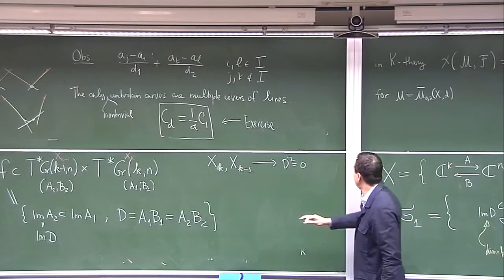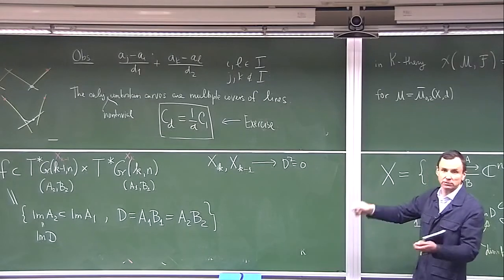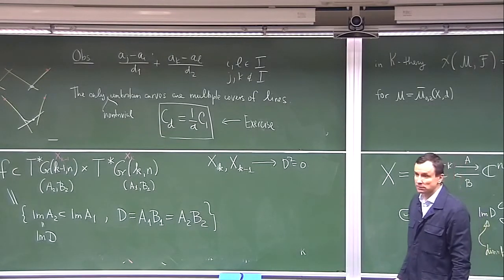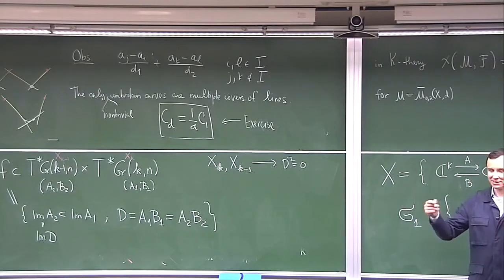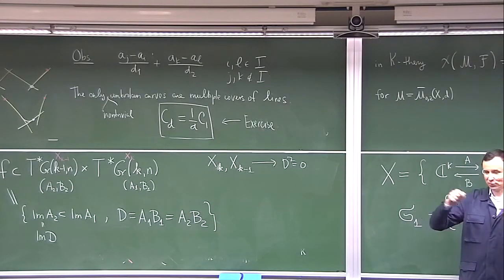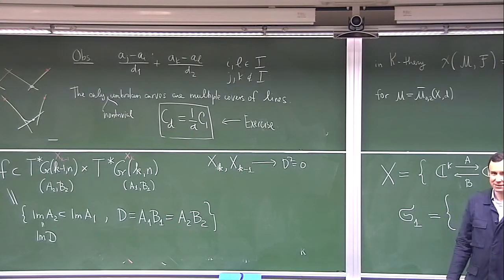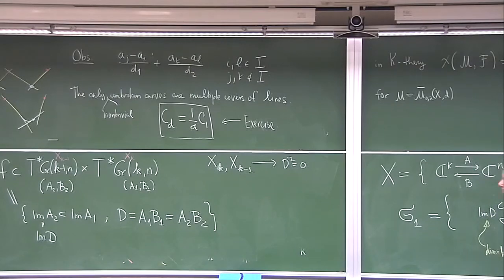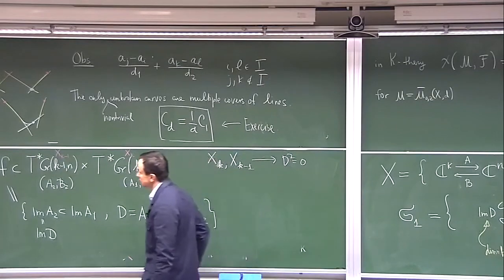And then to find out this whole correspondence, you just take this correspondence and compose it with the transpose correspondence. What is the composition of correspondences? It is the set of all points such that there is a middle point in this thing.